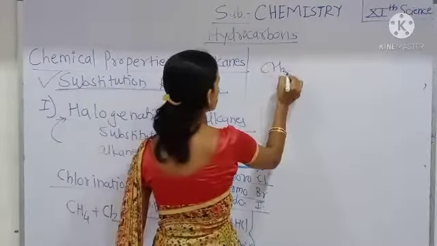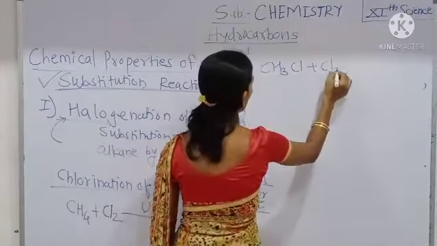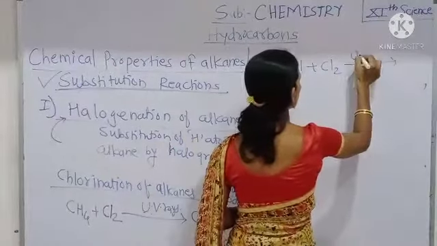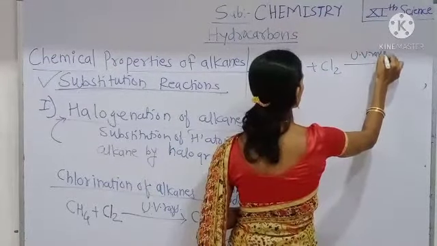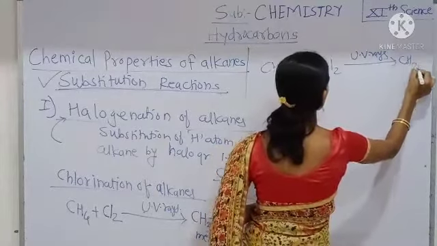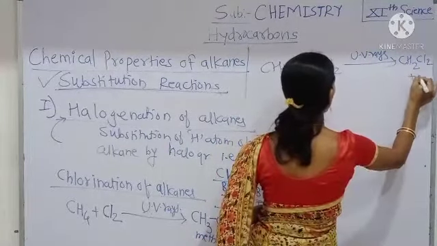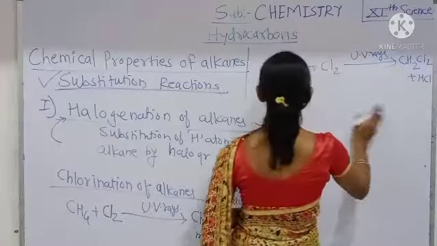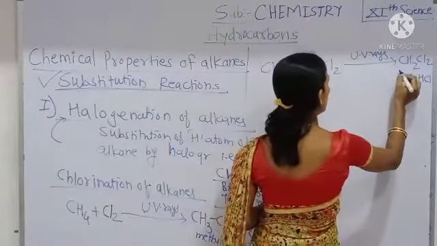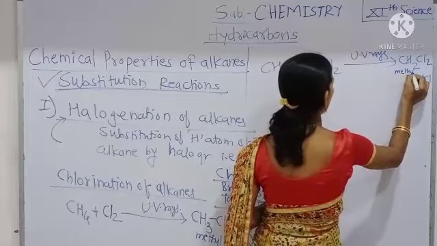That is, CH3Cl plus Cl2 in the presence of UV rays gives CH2Cl2 plus HCl, that is methylene chloride.